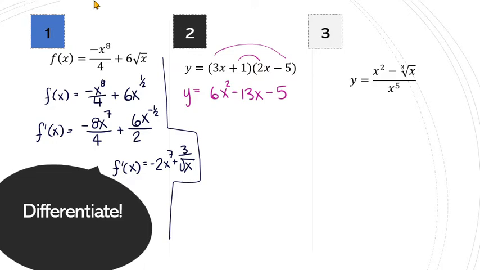And then very straightforward. To find the derivative, the 2 moves into the front, it multiplies by the 6. The x squared becomes an x, drop down a degree. For the negative 13, the invisible 1 moves into the front, doesn't change anything. x becomes x to the power 0, which is 1. And for the negative 5, this is a constant, and the derivative of a constant is 0, so this is our answer.